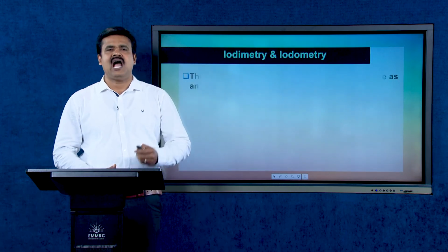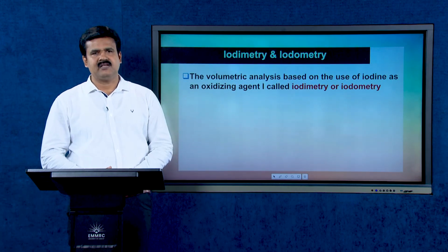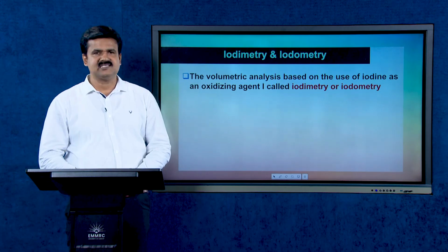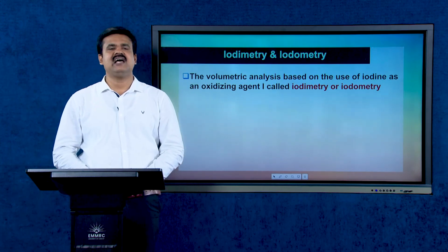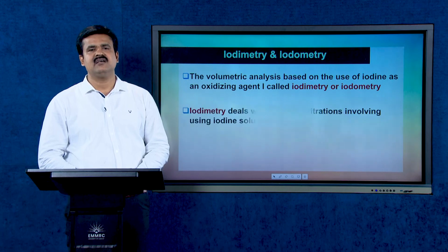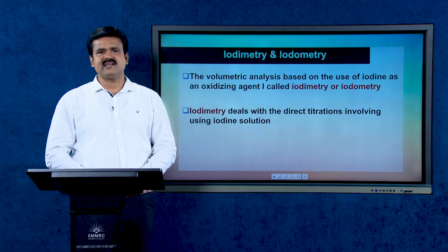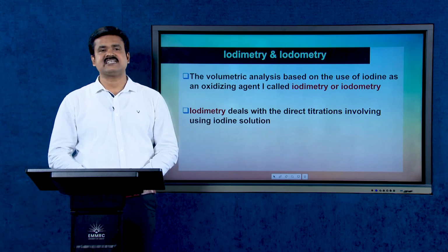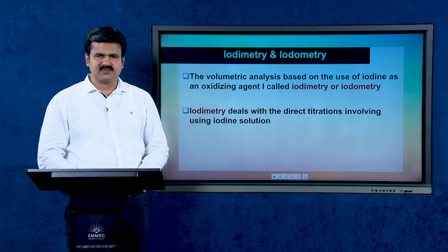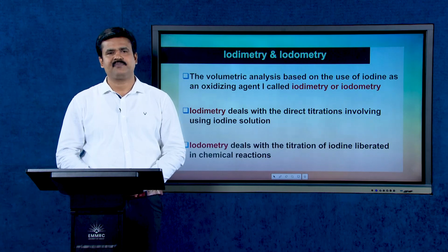So, iodimetry and iodometry. The volumetric analysis based on the use of iodine as an oxidizing agent is called iodimetry or iodometry. Iodimetry deals with direct titrations using iodine solution.